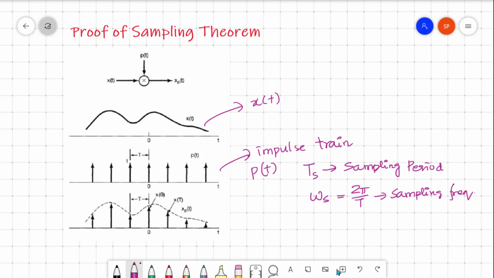Now we are multiplying the signals p of t and x of t, shown as a block diagram here. The x of t is multiplied with p of t to obtain xp of t, where xp of t is known as the sampled signal.